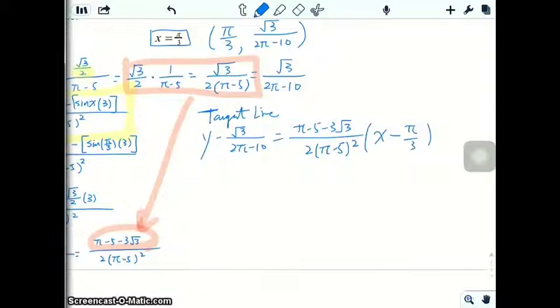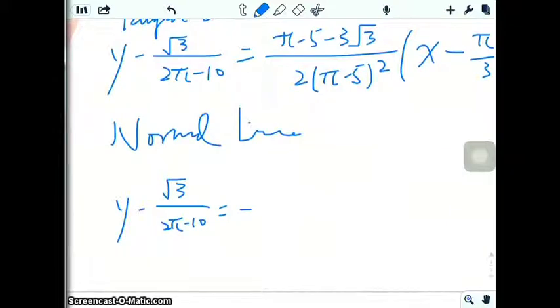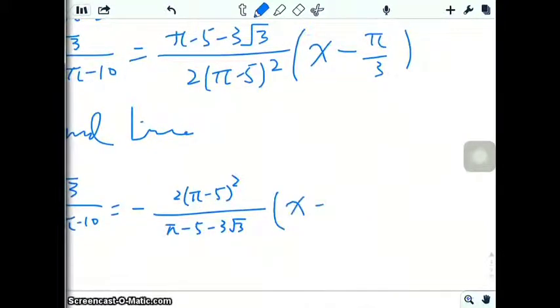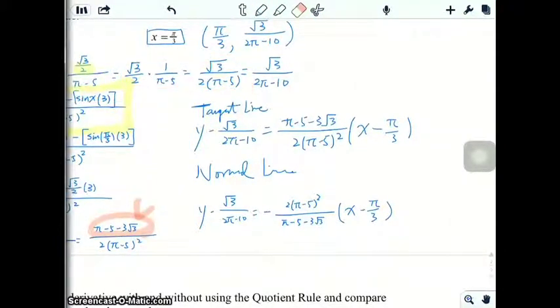That will be the tangent line. For the normal line, because it is perpendicular, it will be basically the same thing, with the exception of the negative and flip. The slope will be different, so we just flip this one and make it negative, times x minus pi over 3.